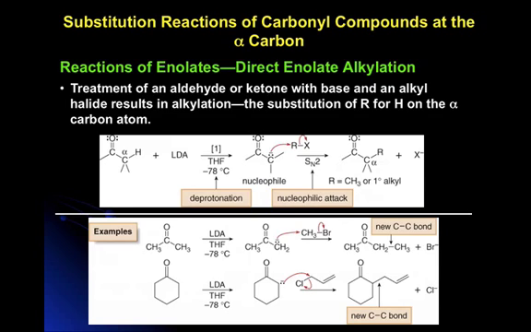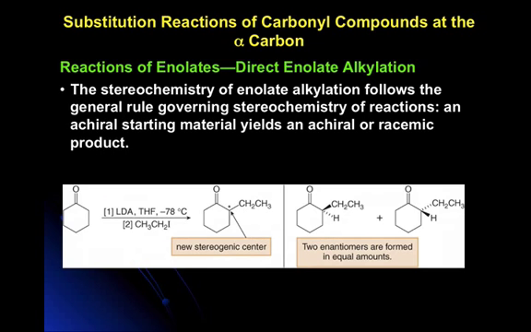Carbon-carbon bond. An enolate or an enol and a halogen makes a new carbon-halogen bond, right? You need to know these things at that level. If you don't remember the mechanisms, you need to at least remember what the transformation is going to be. Then you can work through the mechanism if you need to. But it's just a simple SN2 mechanism, okay?